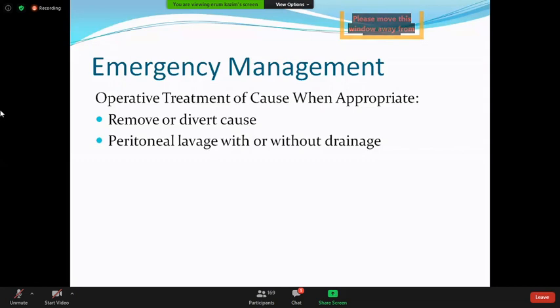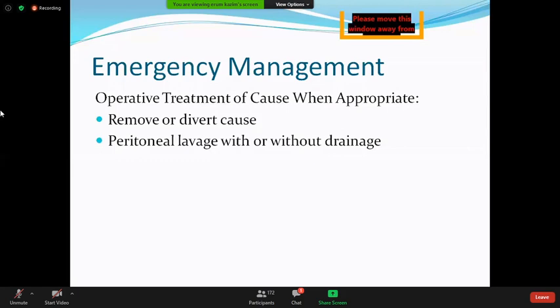Look for the cause. If peritoneal fluid is present, then you must drain it out and look for the cause. Sometimes the patient presents to us with perforation of the ileum secondary to tuberculosis or typhoid.